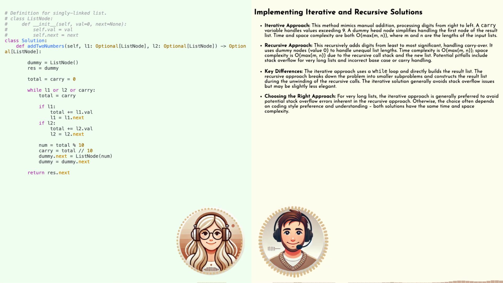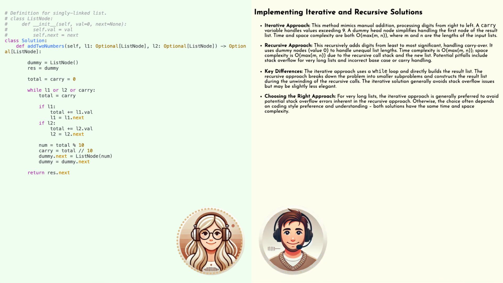Whoa, so we're calling the function within the function. That's recursion in action. But what are we doing with the result of that recursive call? That's the key. The result of that recursive call is going to be the next node in our result list. We attach it to the next pointer of the node we created earlier, the one holding the current digit sum. So each recursive call is essentially returning a piece of the result list, starting from the tail and working its way up.